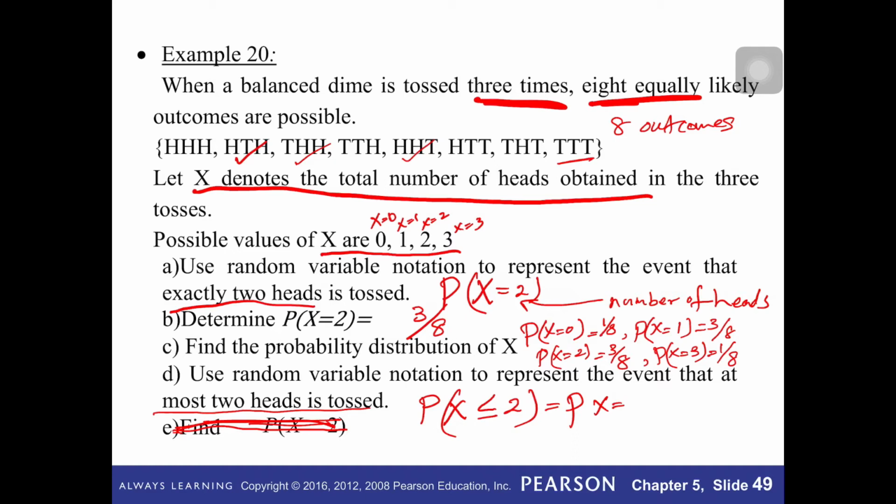There can be no heads. So, probability of x equals 0 plus x equals 1 plus x equals 2. Probability of x less than or equal to 2. Since these flips are independent, you can separately consider these probability values.